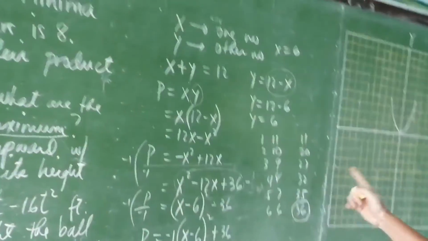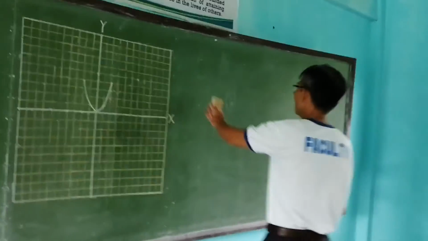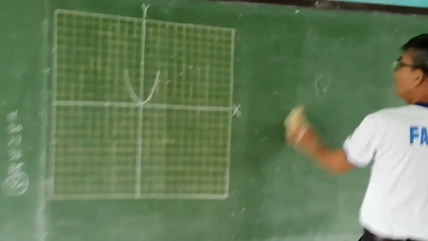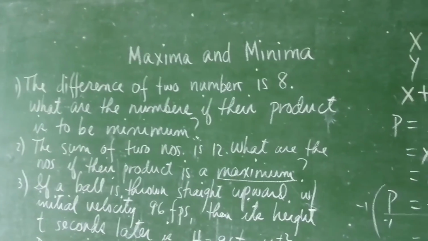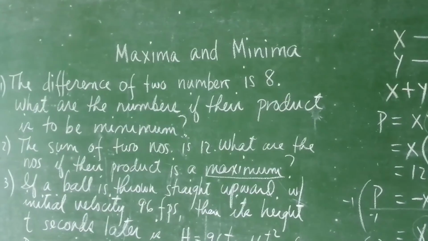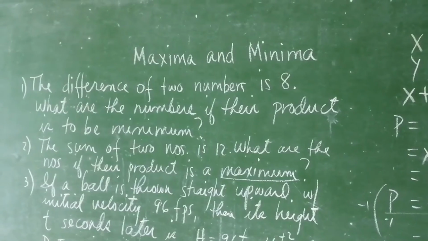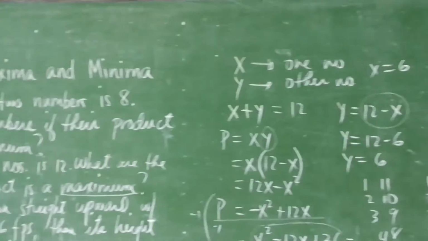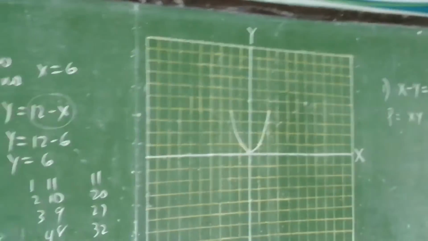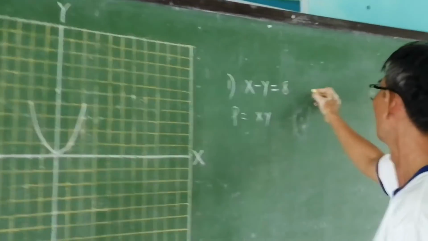Number 2 pala. Number 1, let's go back to number 1. The difference of two numbers is 8. So, let's go straight. The difference of two numbers is 8. Now, let's see that the product should be a minimum this time. So, we solve for y again.